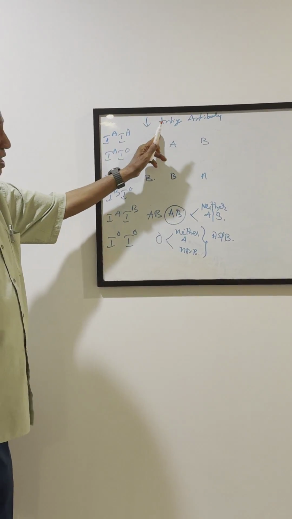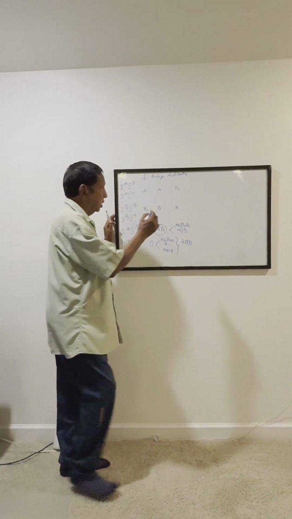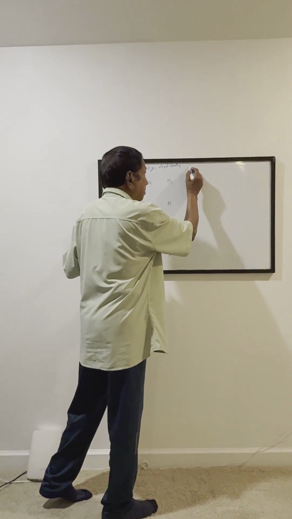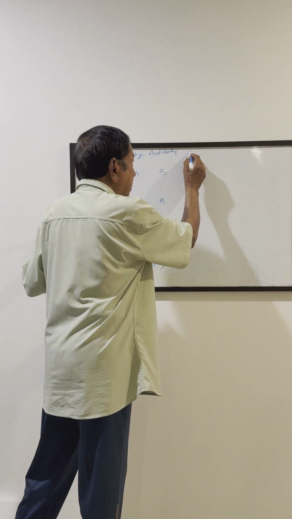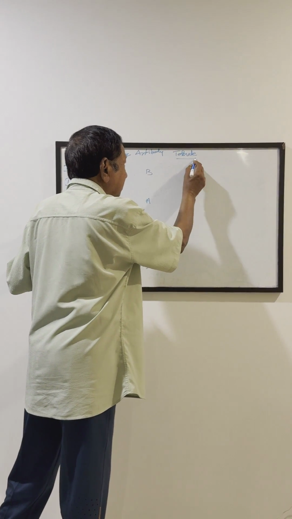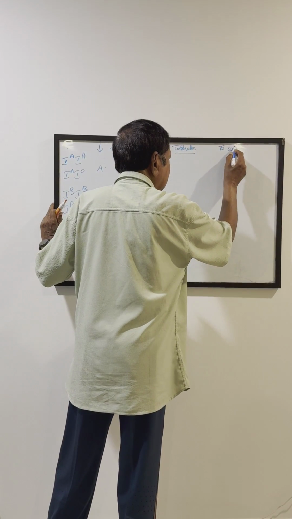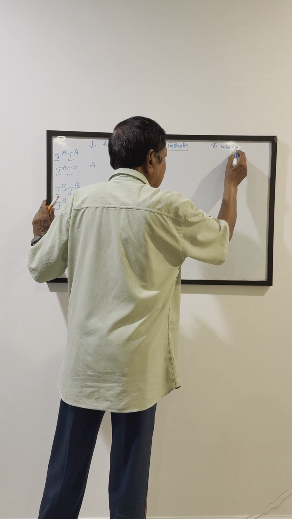So, antigen and antibody. Now here, once we talk about what type of blood they can tolerate, to whom it can give.